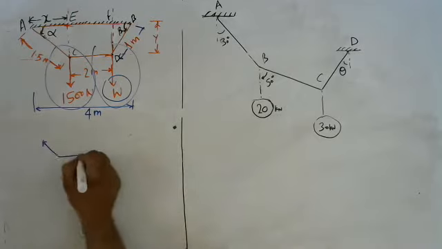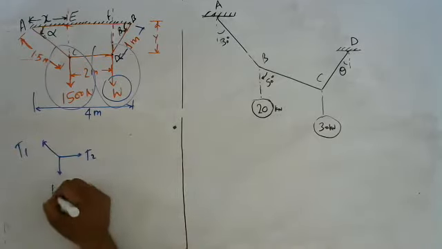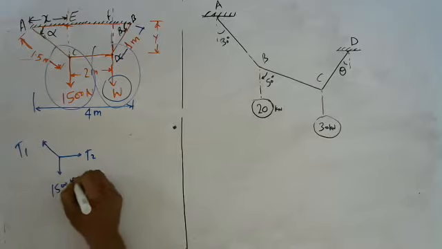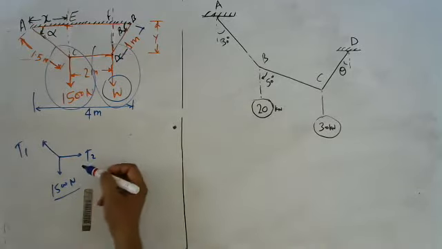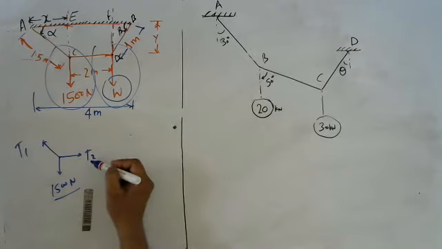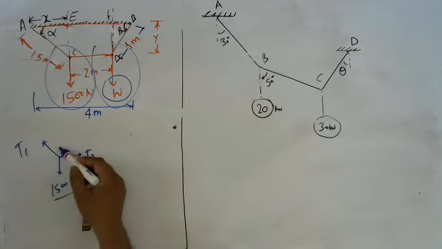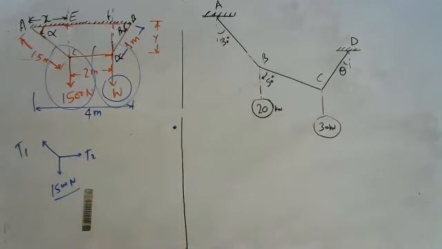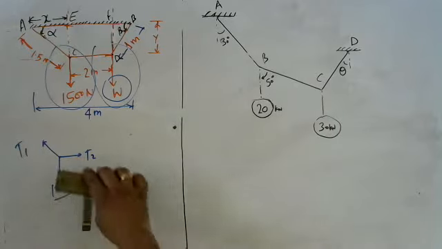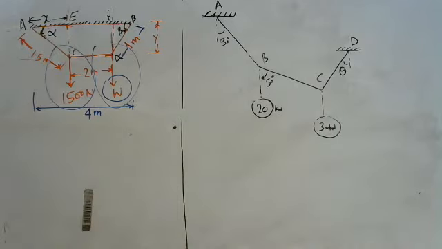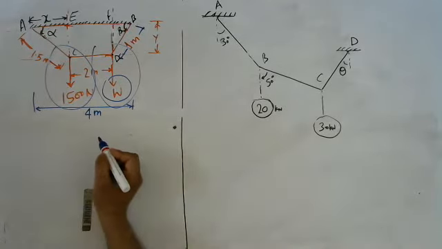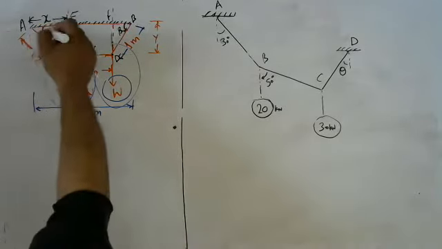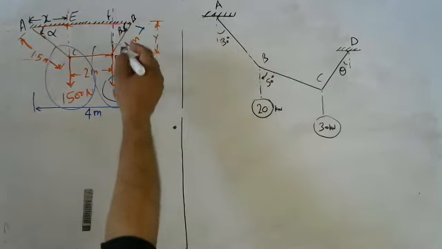So this is T1, T2 and the 1500 Newton force here. You see many unknowns here. T1 is unknown, T2 is also an unknown force, and the angle is also unknown. So first of all our calculation will work for the angle. Let us assume this angle is alpha and this angle is beta.